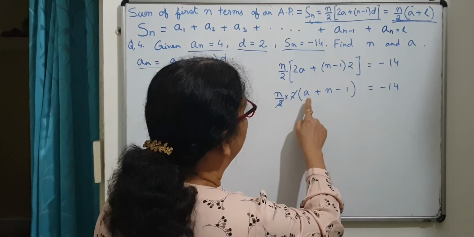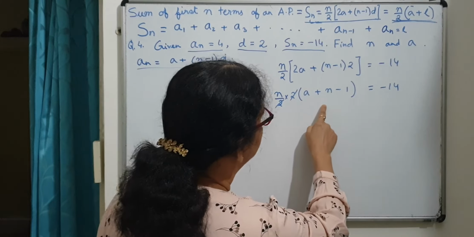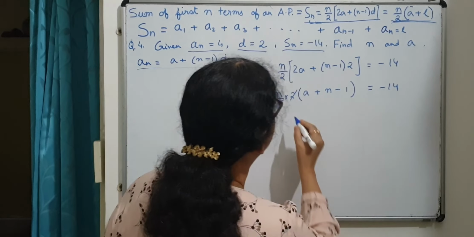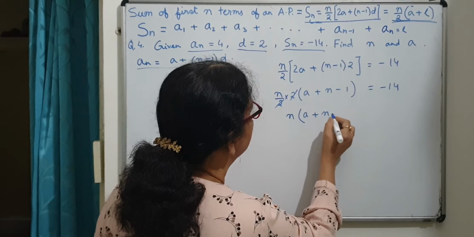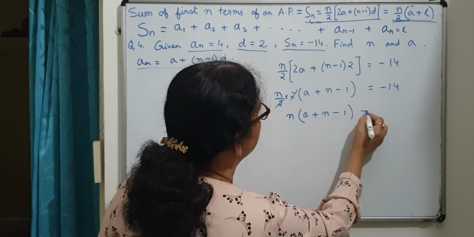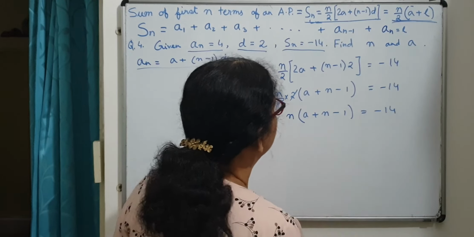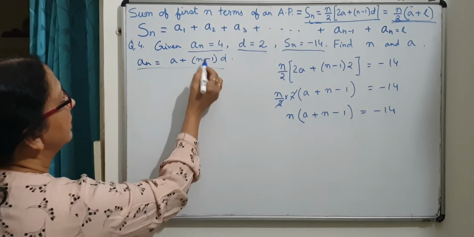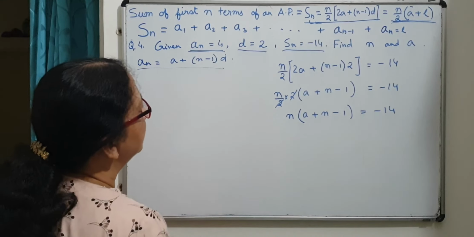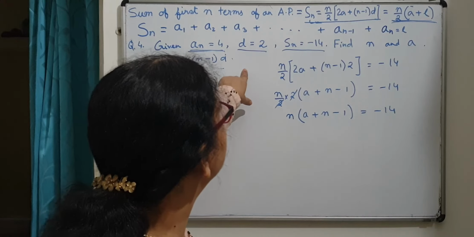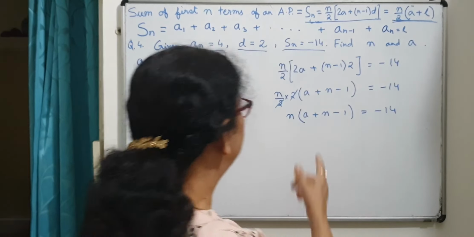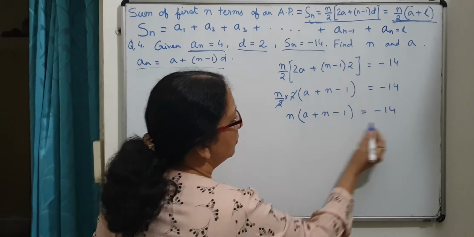So let me write n into A plus n minus 1 is equal to minus 14. Or I can do one thing: because the nth term is given, I can use another formula also.